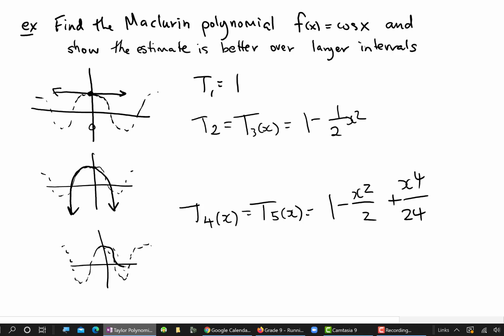And now it starts to look, this is just an estimate, even better. And of course, the Maclaurin polynomial for T6, T7 is even better. Just to give you a quick little sketch of what that one looks like. There's your cosine graph. So this actually kind of does a larger and larger zone where it is matching up nicely.